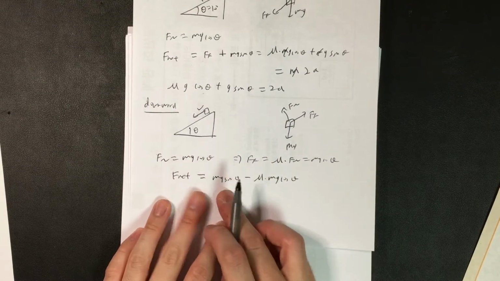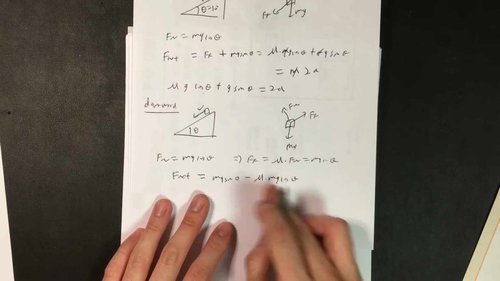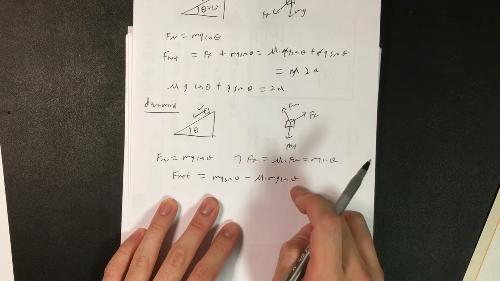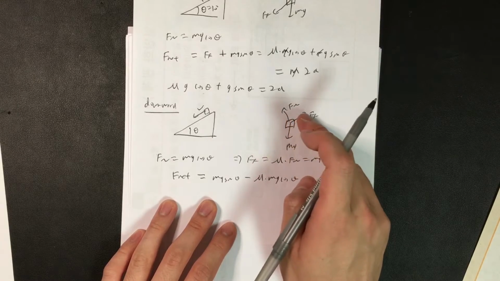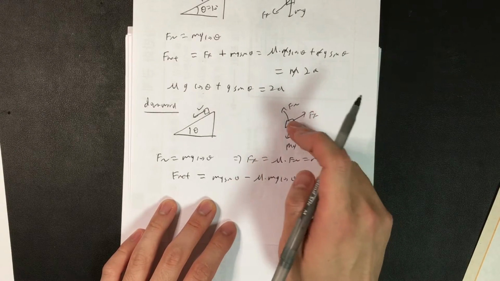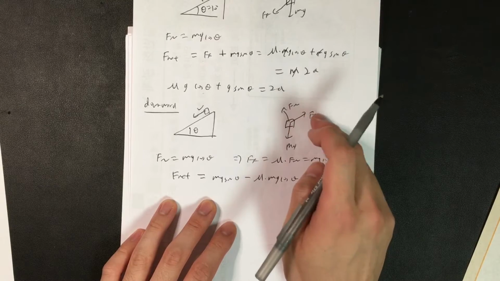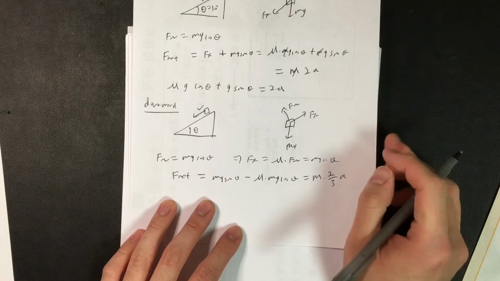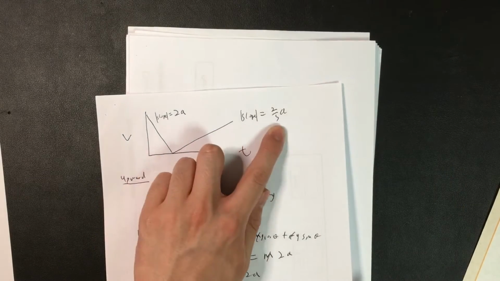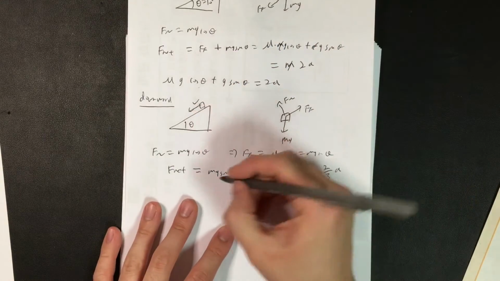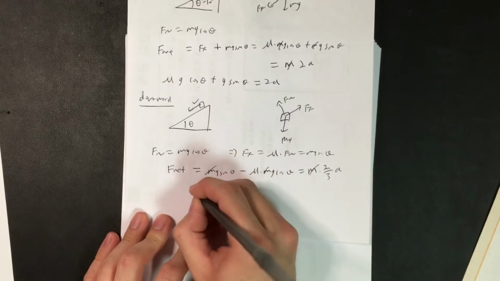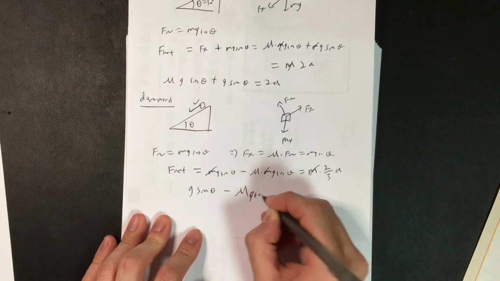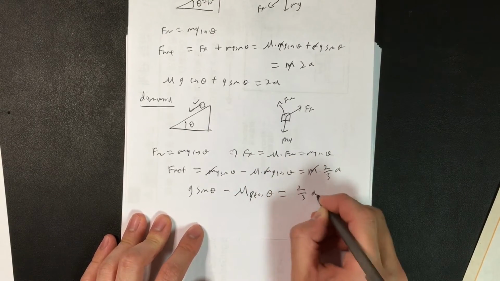Now in this case, the net force equals mg sine theta minus the force of friction. And the reason that we're subtracting friction from the force of gravity is because the force of gravity is still pulling this object down, which means the force of gravity is stronger than the force of friction. And this should equal mass times 2/3 a, because from the graph here, the acceleration equals 2/3 a. Again, canceling out the mass, I get g sine theta minus mu g cosine theta equals 2/3 a.